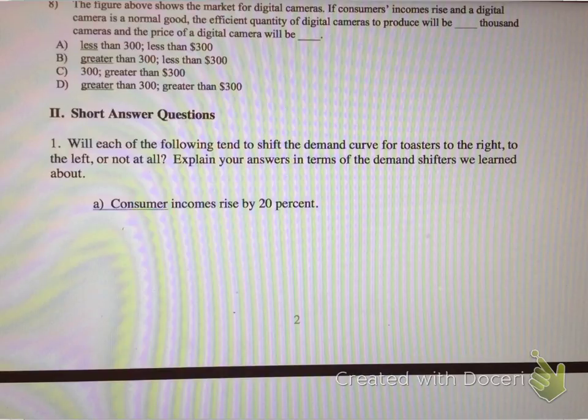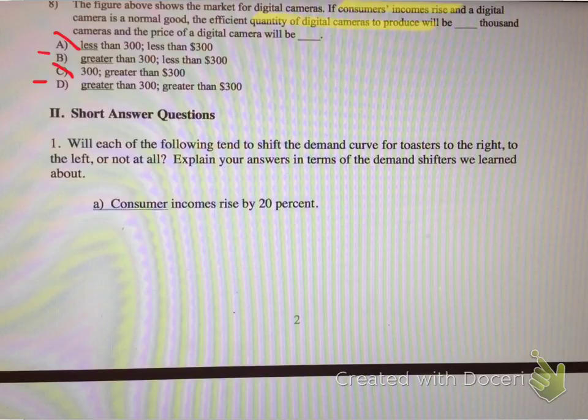Okay, same thing. Number 8 here looks like it's referring to the same thing. So if consumers' income rises, income rising affects a shift in demand. The efficient quantity of digital cameras to produce will be, let's see. If income rises, more people would be able to buy it, so it would have to be greater than 300.